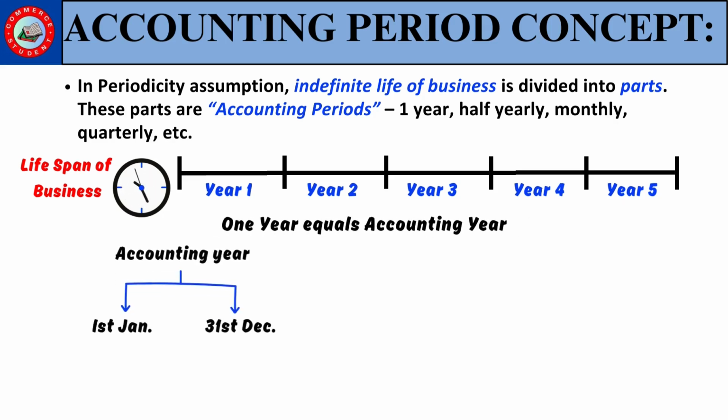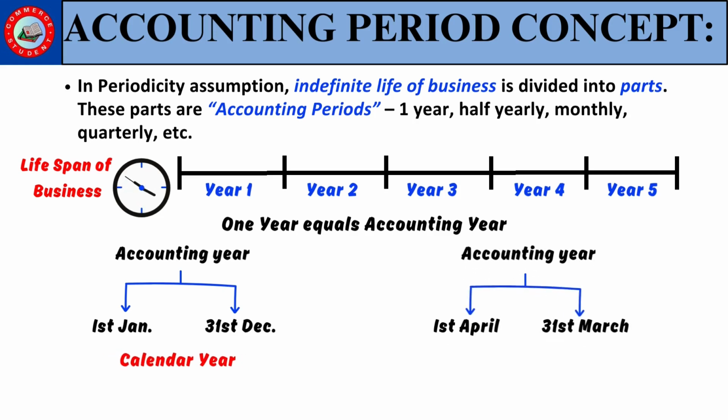If accounting year starts from 1st January and ends on 31st December, it is called a calendar year. And if accounting year starts from 1st April and ends on 31st March, it's called a financial year.